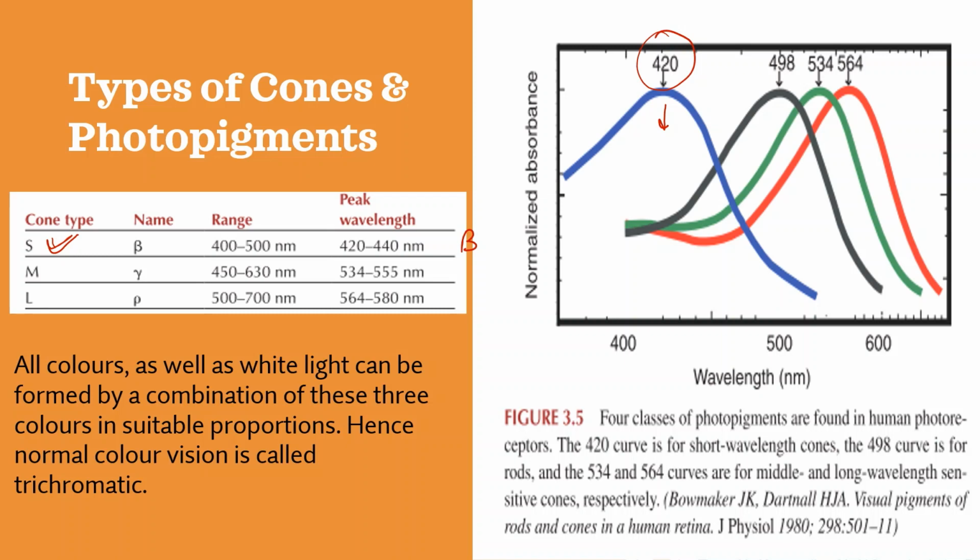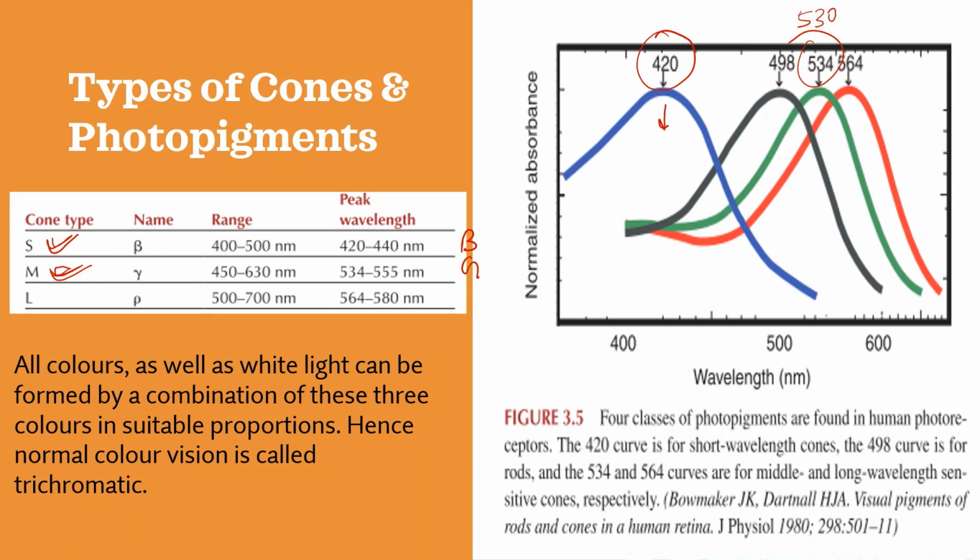Then if the wavelength falls somewhere around 530 or 534, then this will be exciting the M type of cone type, that is medium wavelength cone type, which are known as gamma. So green color is being excited.